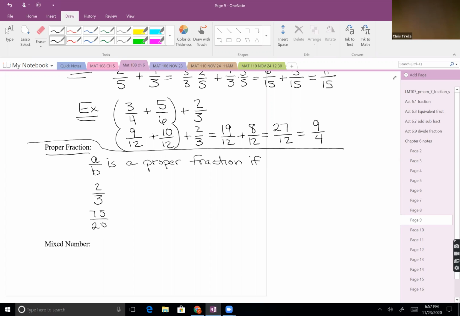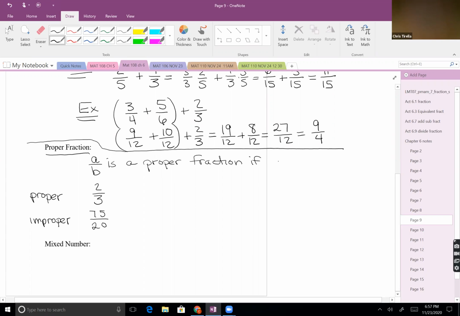One is and one isn't. The bottom one is improper. The 2/3 is proper.